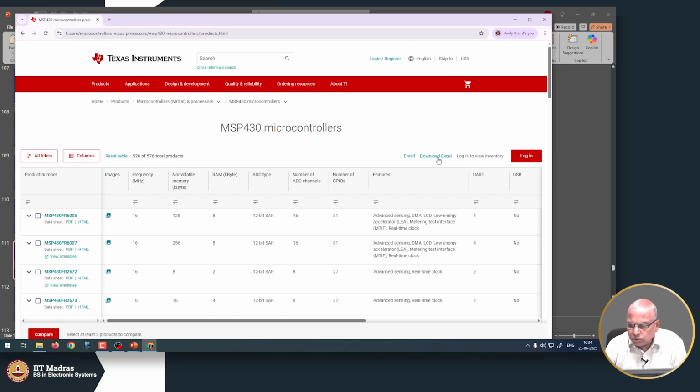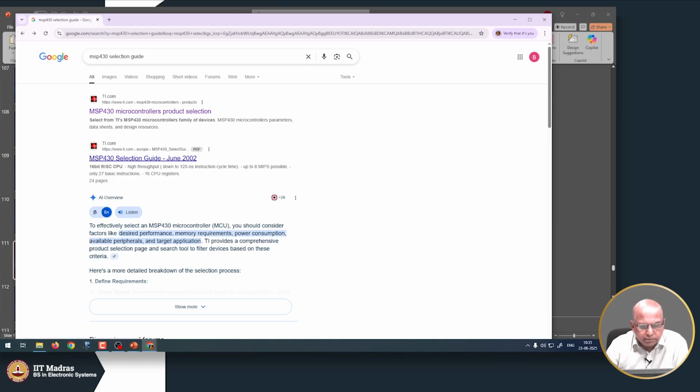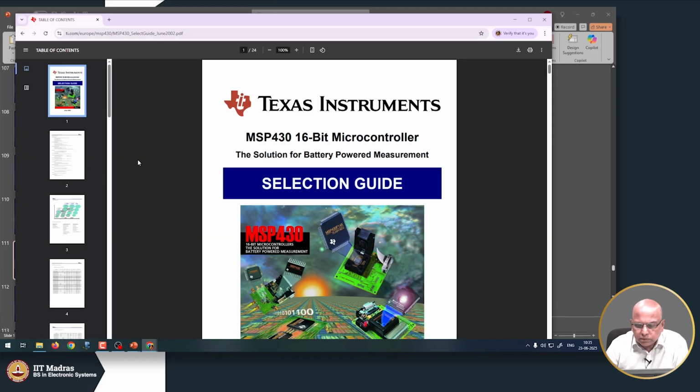So, you can either download the entire Excel or you can even search. Okay. You can even search and figure out what will work for you, etc. The other thing that we saw here may give you a PDF, it shows you all kinds of MSP 430s that are available.